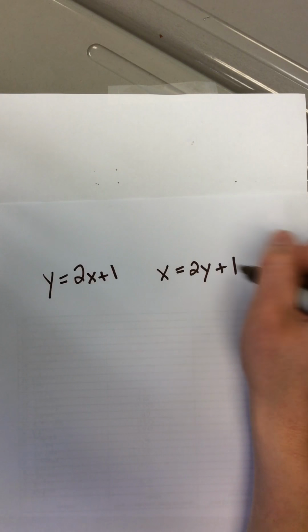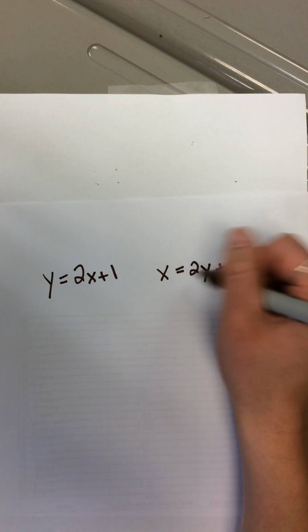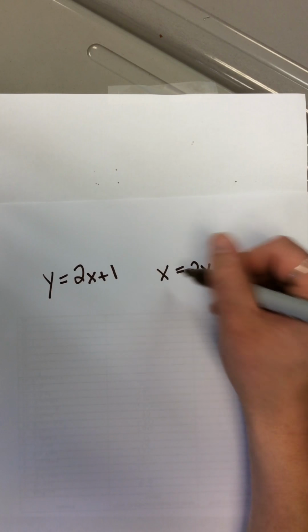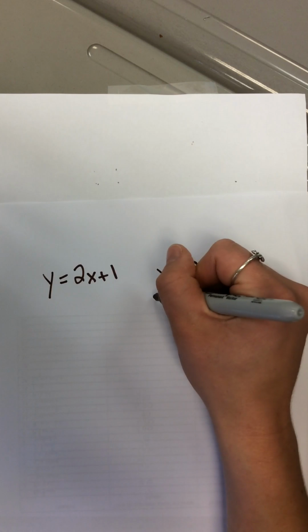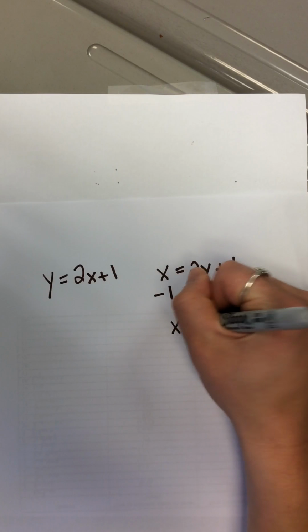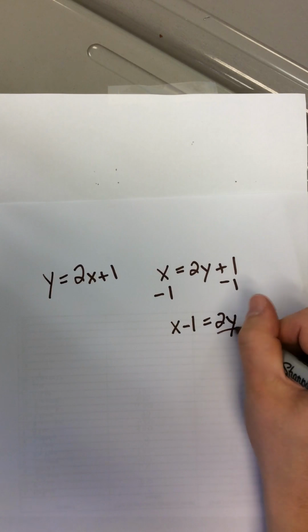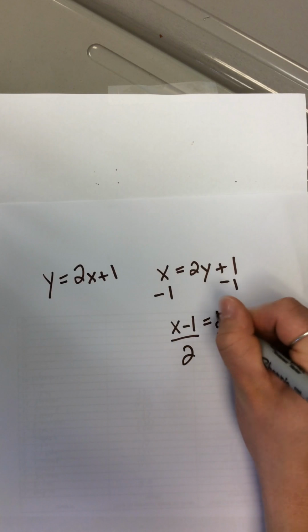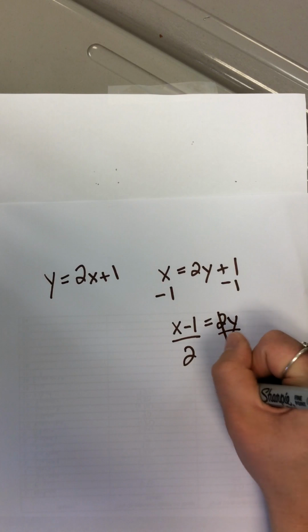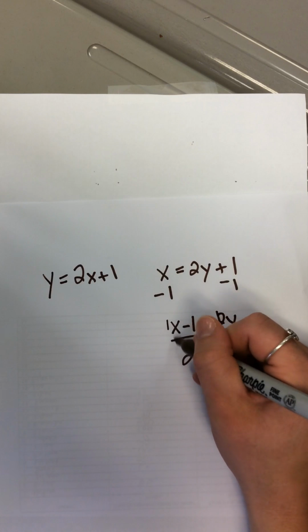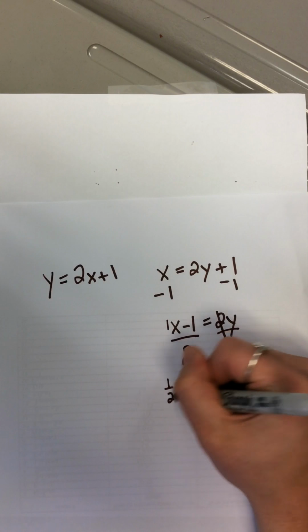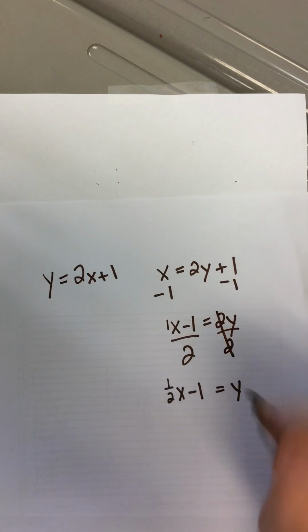But we don't say x is equal to 2y plus 1. So what I'm going to do instead is solve for this x. So I'm going to subtract 1 on both sides, and then I'm going to divide by 2. And I can say y is equal to, and I'm actually going to keep dividing, so I have 1/2 x minus 1/2.